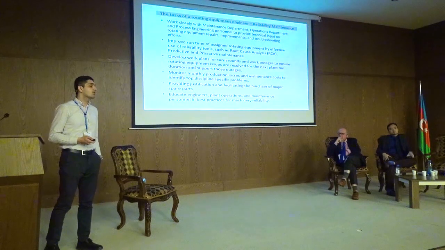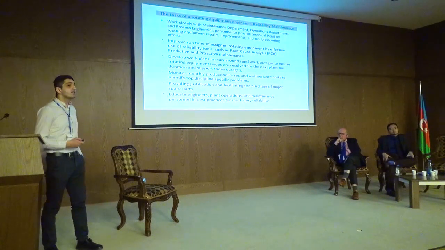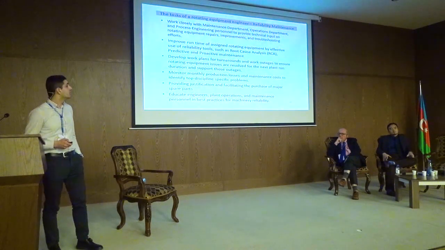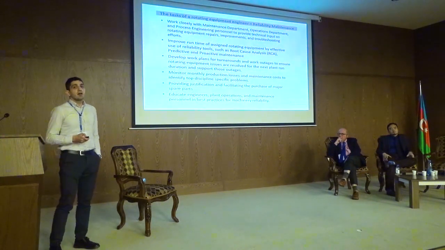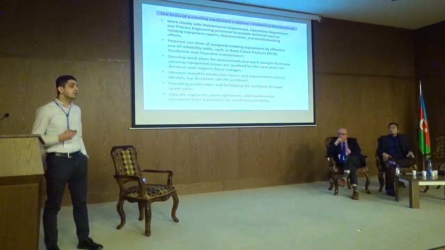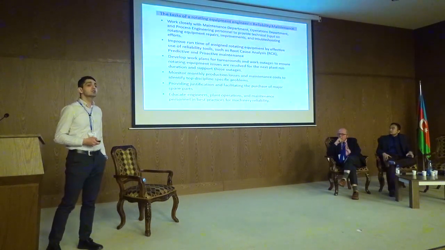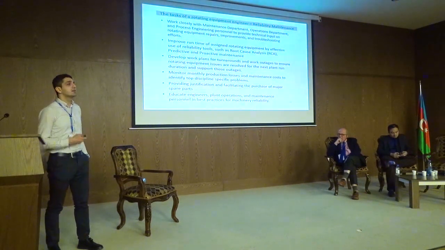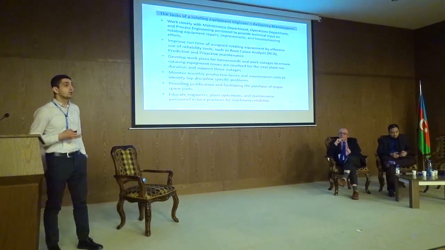In order to provide for that, we have to have proper preventive and predictive maintenance techniques. We have to do proper troubleshooting. And we have to have well-educated technicians and site engineers on site, so that they don't make any mistake resulting in big trouble for the whole plant, yeah?